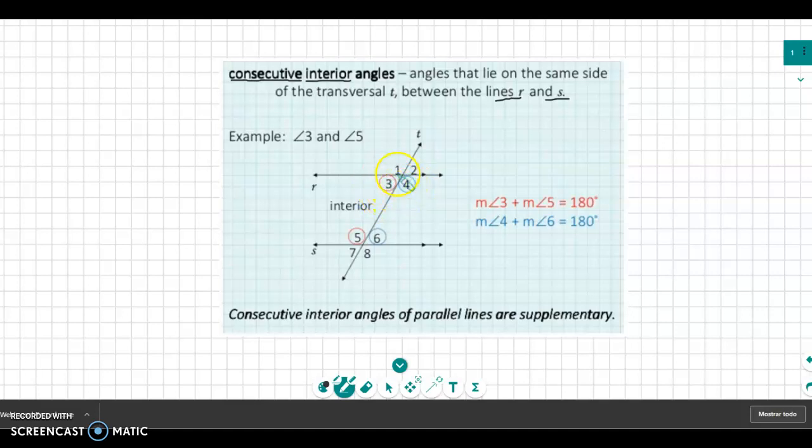For example, here we have angle 3 and 4. They are consecutive. So what do we know about this? The addition of angle 3 and angle 4 will be 180 degrees. And the other interior angles are angle 5 and angle 6. If we add these angles, we also get 180.